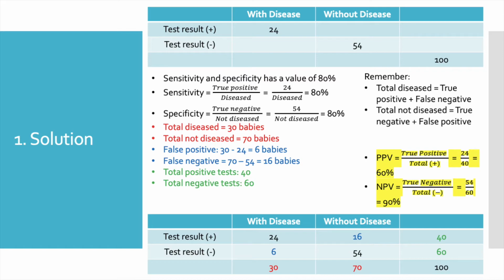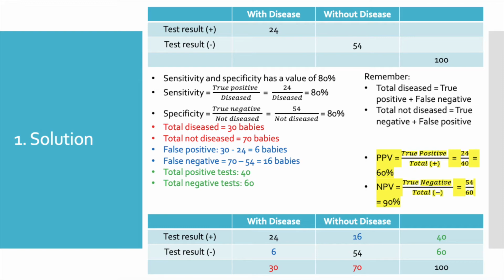And by formula, we can replace values. We know that the true positive is 24, so that goes into the sensitivity formula. And the true negative goes into the specificity formula. And by calculation, we're able to find out that the total diseased will be 30 babies, and the total not diseased is 70 babies, because we will find out the totals first.